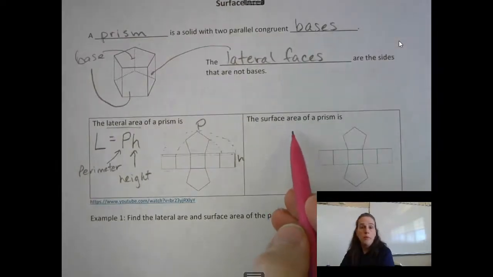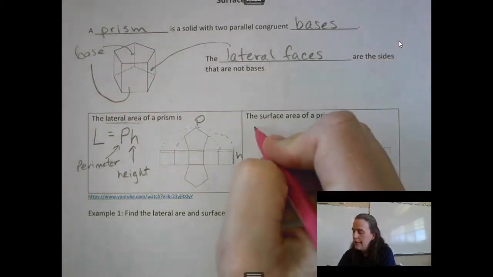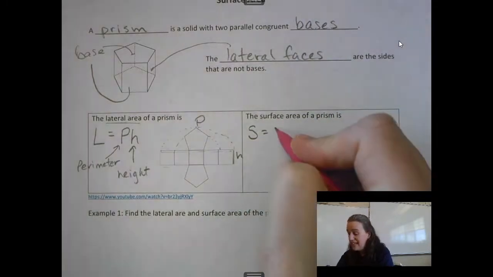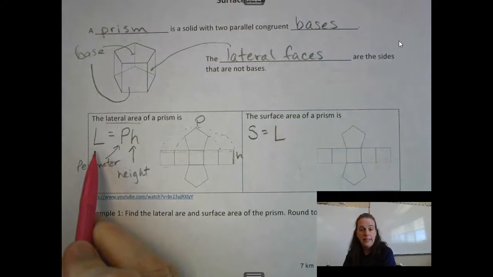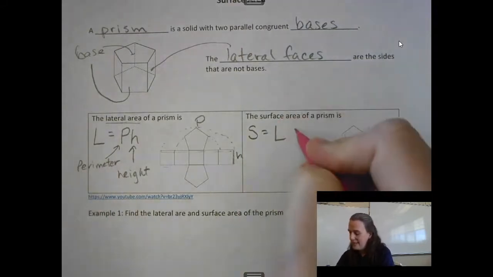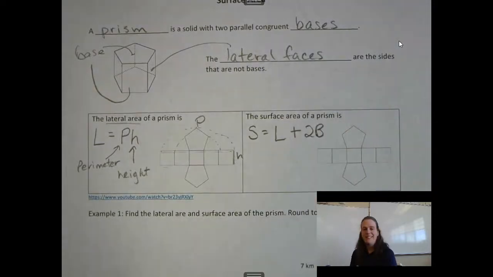Then we go on and say, okay, well, we want the surface area. We want to have all the outside of our prism. So they use a capital S for that. And what we would do first is take that lateral area, so you've got the whole rectangle, and then add to that 2 of the bases.